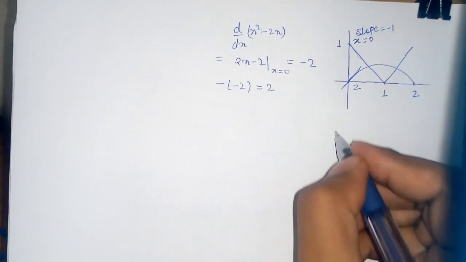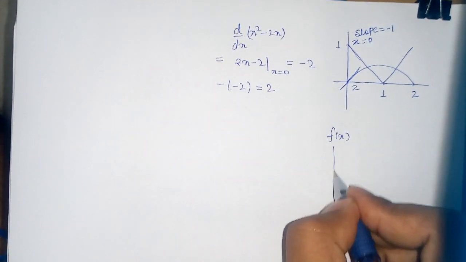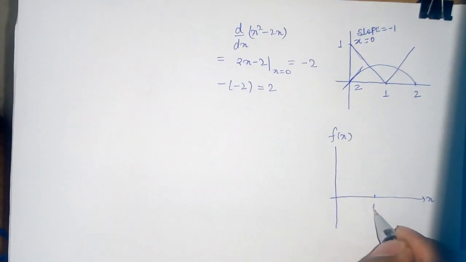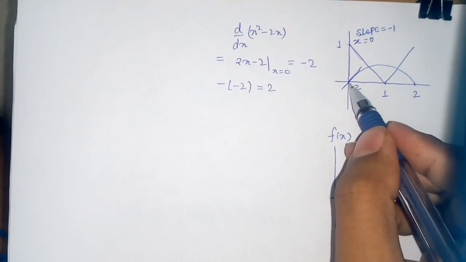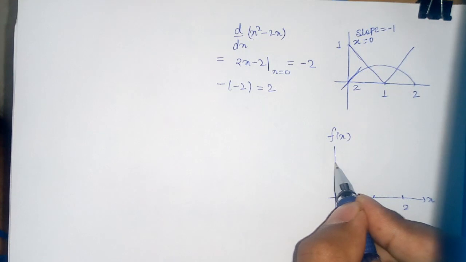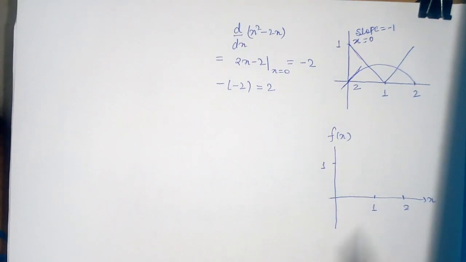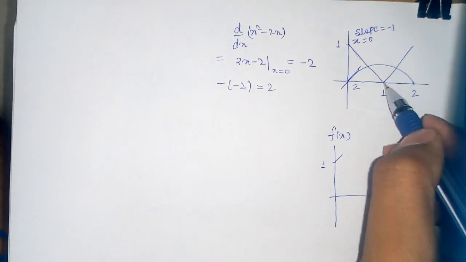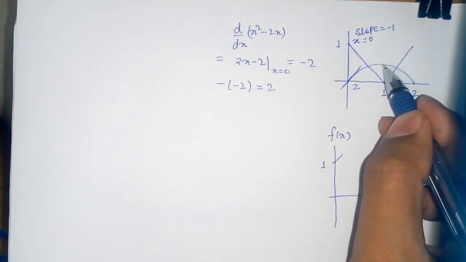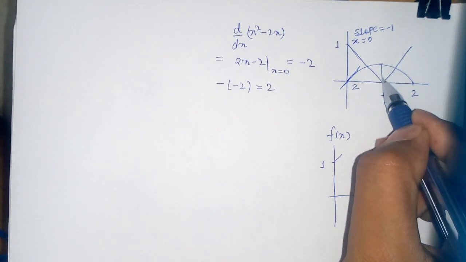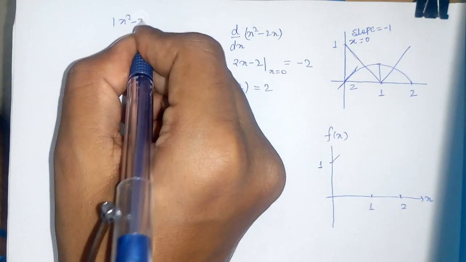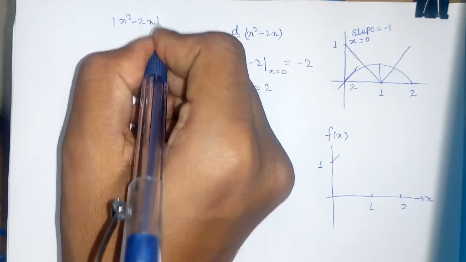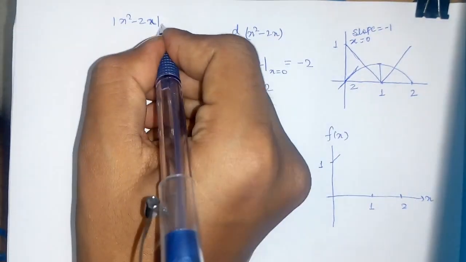So obviously this parabola is rising faster than this line is falling. So effectively, if you draw f(x), f(x) at x equals 0 is 1, and it is rising from here. At x equals 1 it is 0 plus the value of the parabola at x equals 1, which is |x² − 2x|.